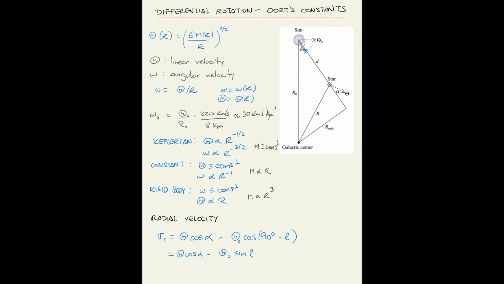This is an angle that we cannot measure, so we must eliminate alpha from this equation by using trigonometry.